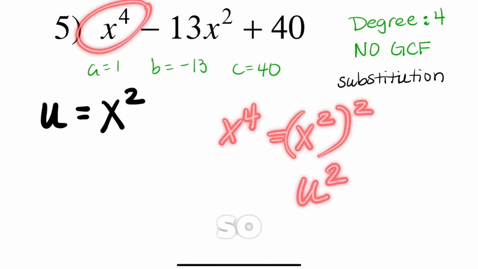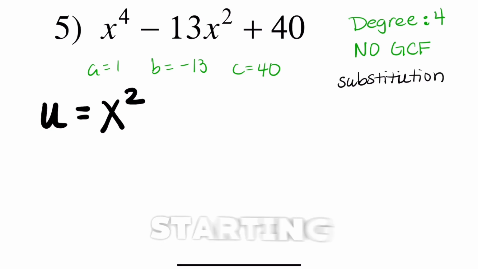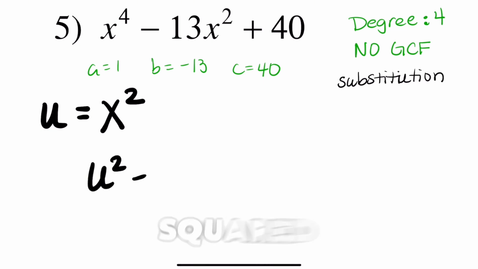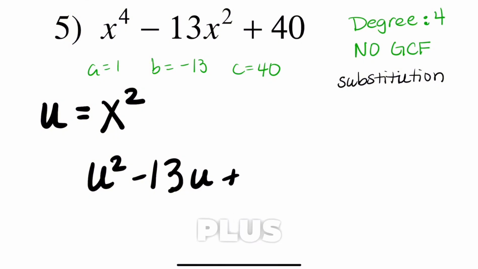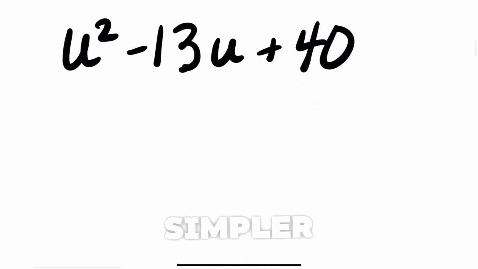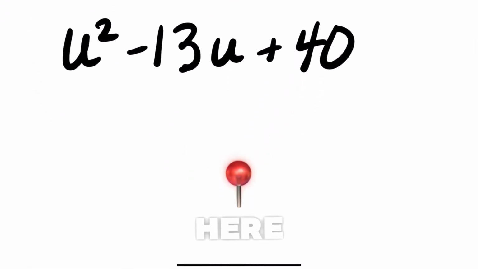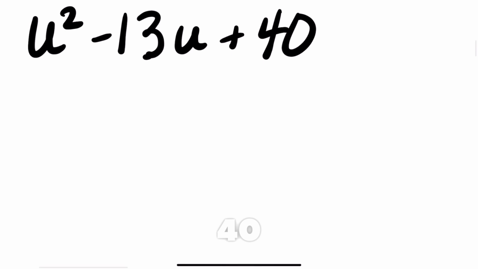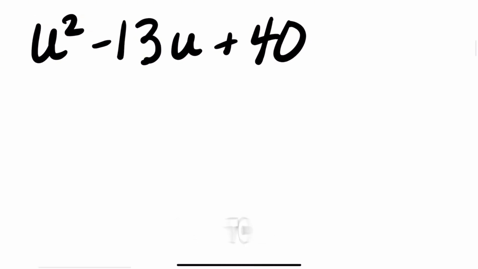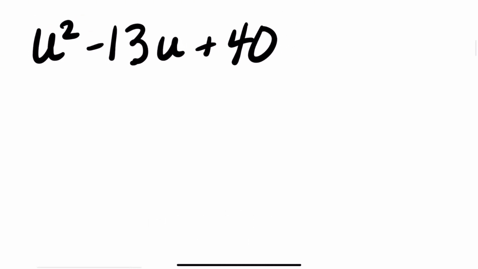Okay? So when we rewrite the polynomial, we're starting with u squared minus 13u plus 40. Now I have a much simpler polynomial to factor here. Are there factors of 40 that would add up to negative 13?